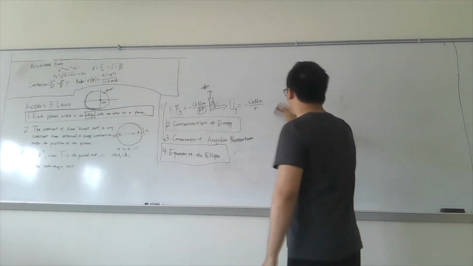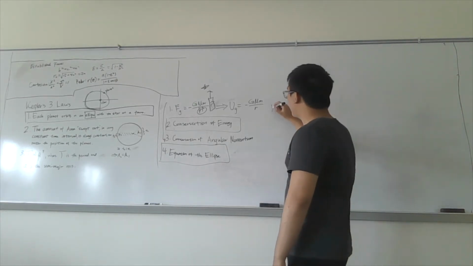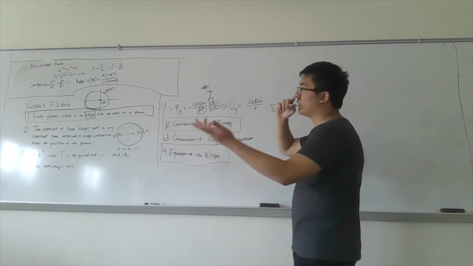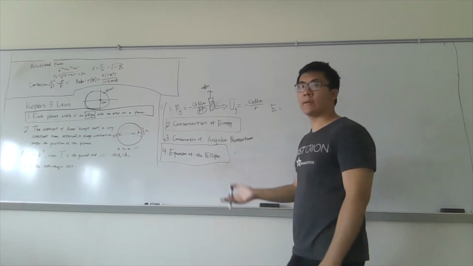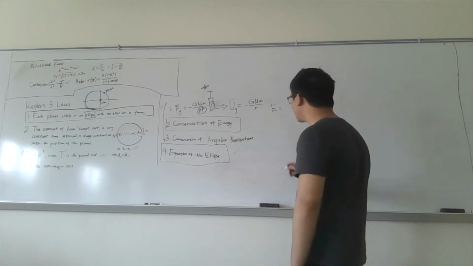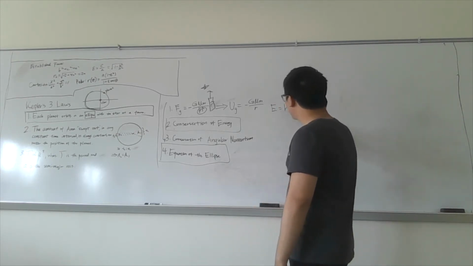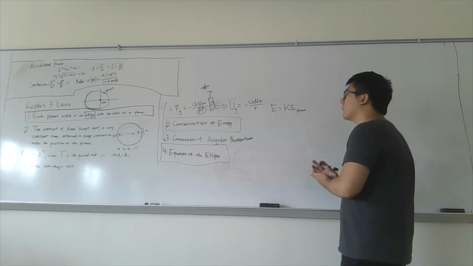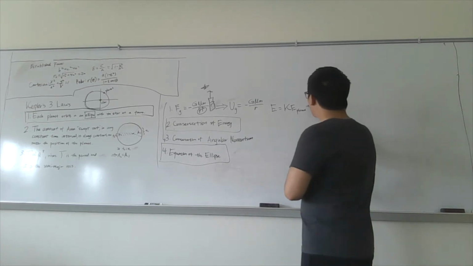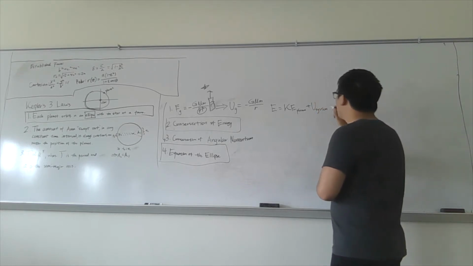So let's get into the meat of the problem. We're first going to use conservation of energy, which simply states that the energy of our system is always constant. We're going to treat our star as if it does not have any velocity. The energy of the system is given by the kinetic energy of our planet plus the potential energy of our system.